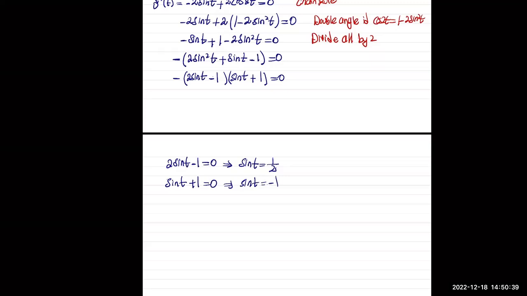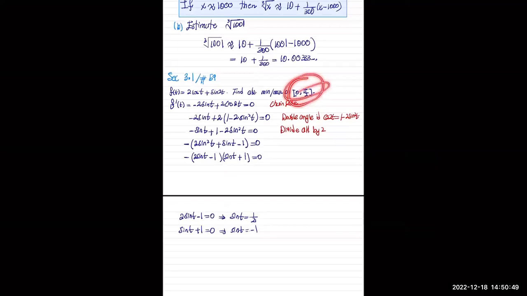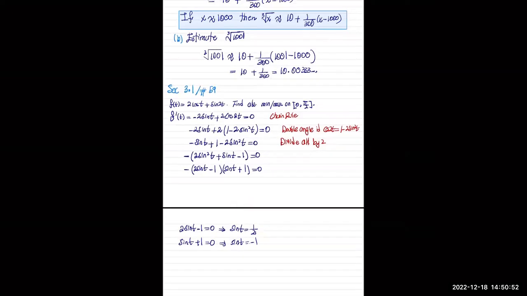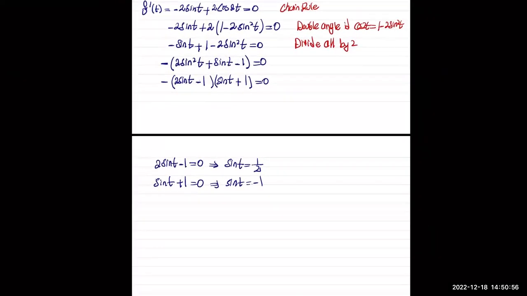Okay, now we need to get the values of t. You don't need all of them. You only need the values that are on 0 to pi over 2. These have infinitely many solutions. We don't need all of them. So it's on 0 to pi over 2. All right, sine of t is equal to 1/2 when t is equal to pi over 6.